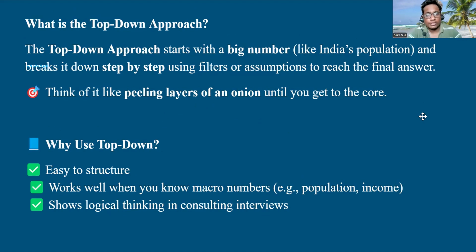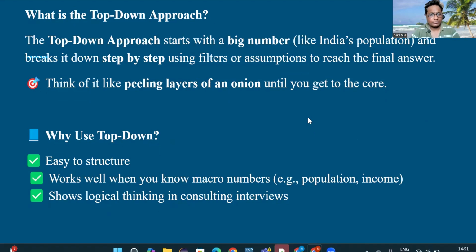Think of it as peeling the layers of an onion until you get to the core. You take the upper layer, and then again the next upper layer after peeling. So you start with the big number, drill down to the small numbers, and get to the solution. We will see one example so that you can understand more clearly.